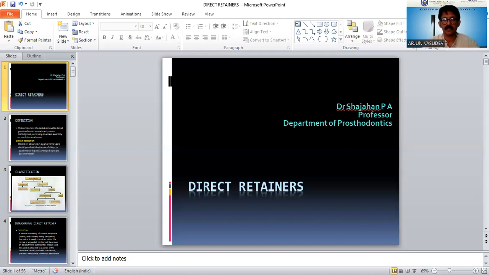Okay, so retention is the property by which it resists the displacement movement against the path of insertion. And factors affecting retention are dimensions of retentive undercut. It can be the buccal width or distance between the survey line or the mesiodistal length.